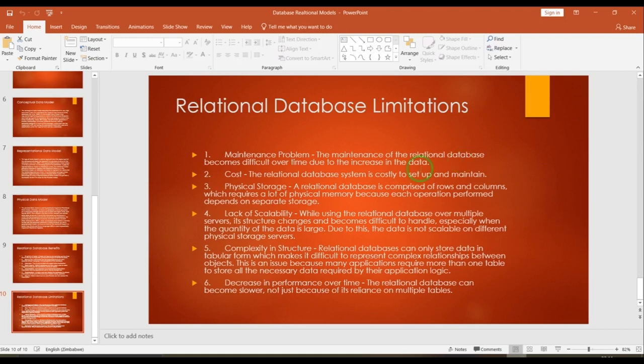Also, you have to know how the relational model works. And you should be able to state what a data model in database system is.